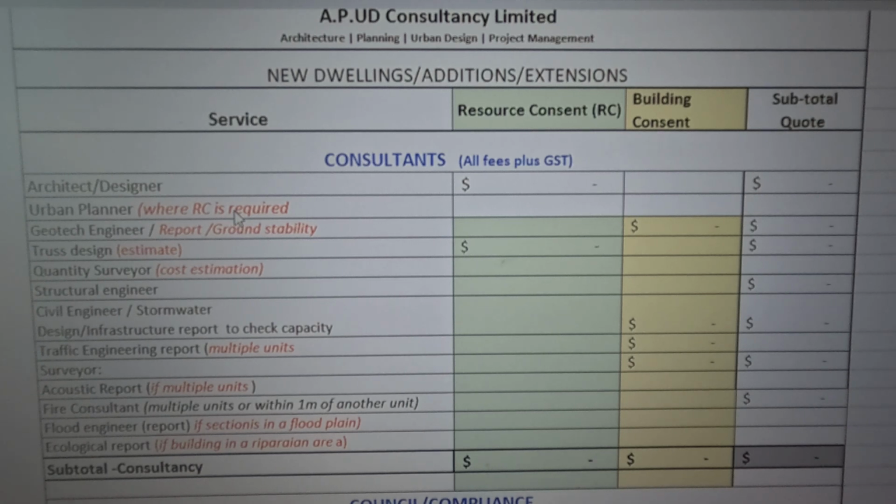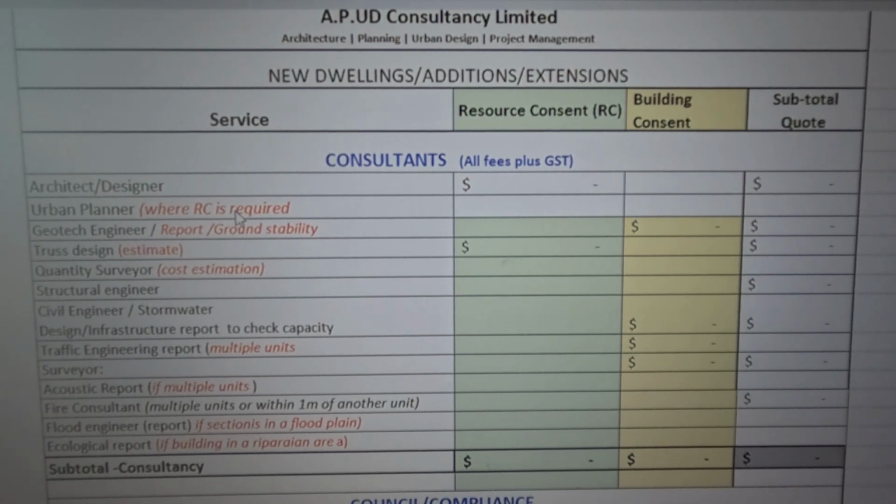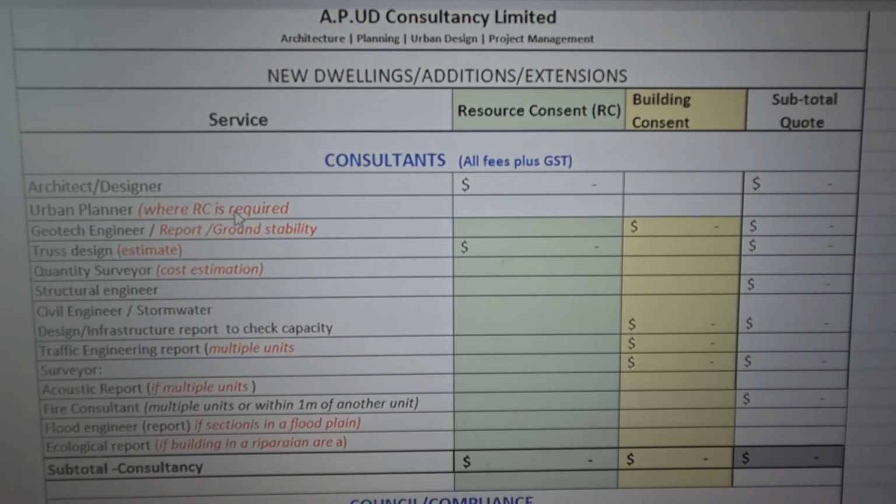There's a way to determine what is referred to as good ground, and this is found in the standards. So talk to your designer, engineer, consultant or lead consultant to determine if your section is good ground using NZS 3604. But like I said, nowadays almost always your council will ask for a geotech report, and therefore you're going to require a geotech engineer.